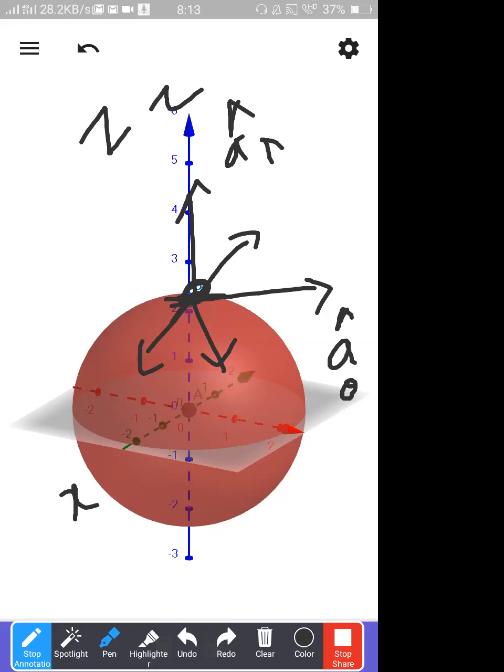So what is that value? It will be 0. Please note down that theta is measured from the Z axis. That is also 0, and phi is also 0.